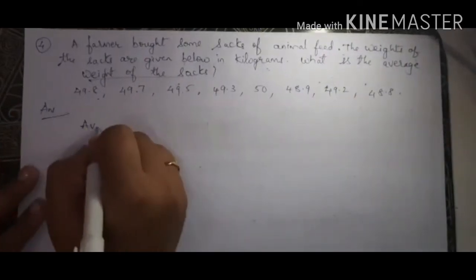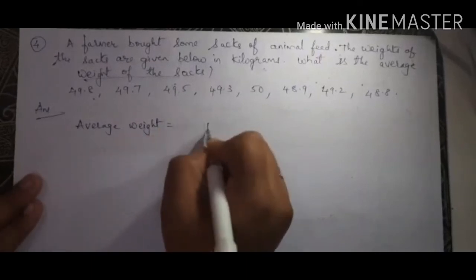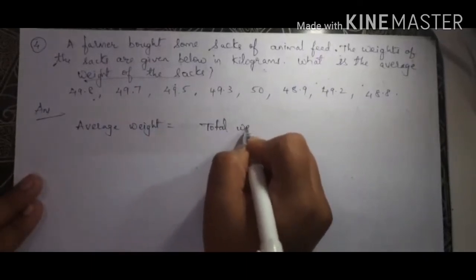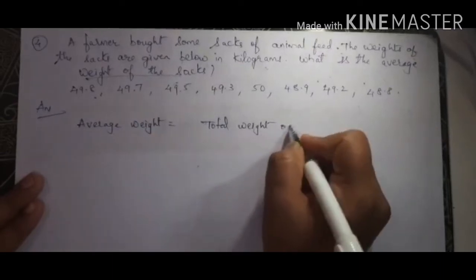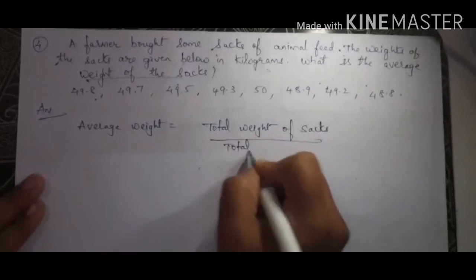So let's find out. Average weight is equal to total weight of sacks divided by total number of sacks.